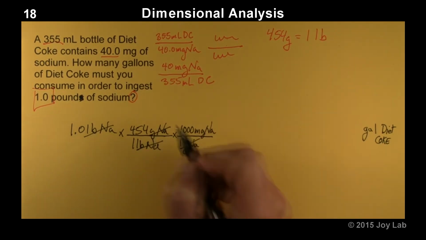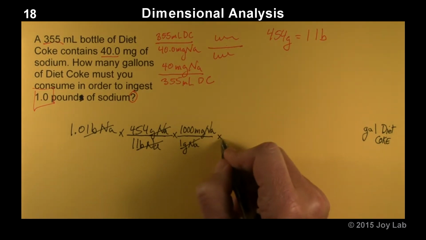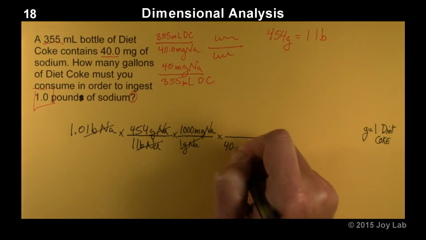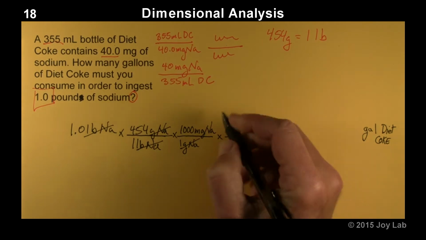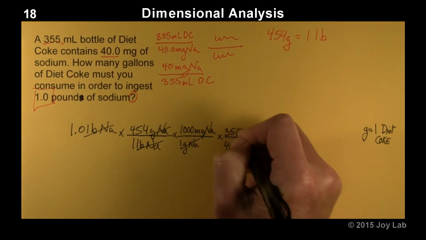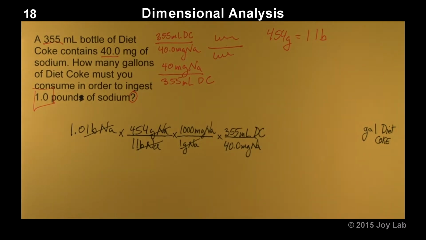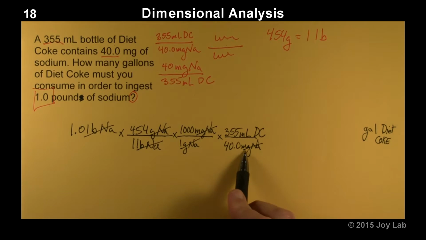Cancel my units. Got milligrams of sodium. Now I'm ready to use this guy. I can say for every 40 milligrams of sodium, there are 355 milliliters of Diet Coke. All right. I've made my transition from mass of sodium to volume of Diet Coke.